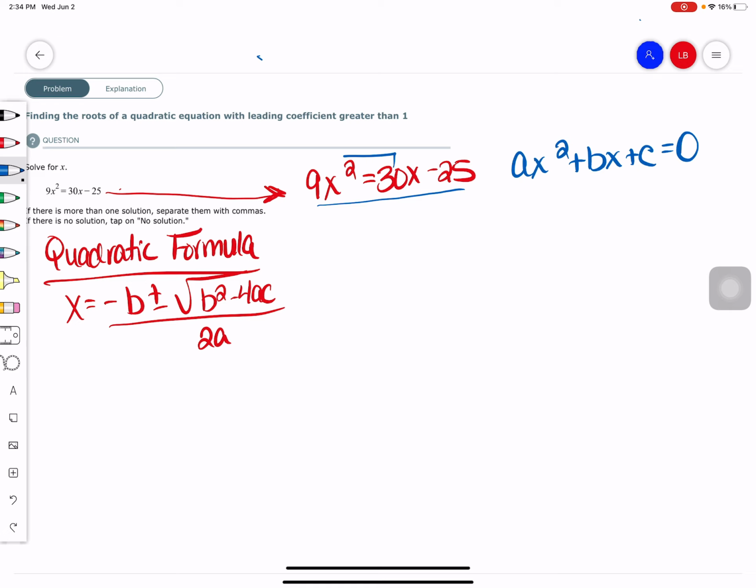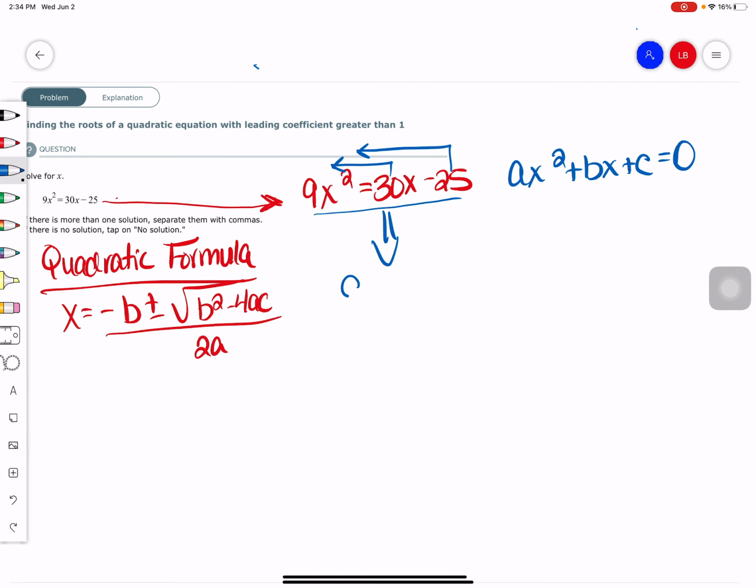I need to bring that 30x across the equal sign and that minus 25. When I move a term from one side of the equation to the other, that will change the sign of that term. So that will change the equation to 9x squared minus 30x plus 25 is equal to 0.